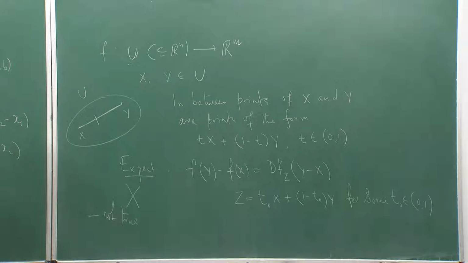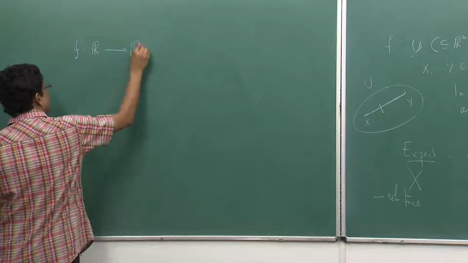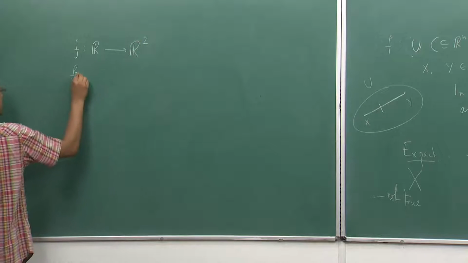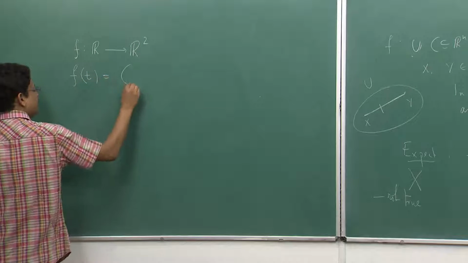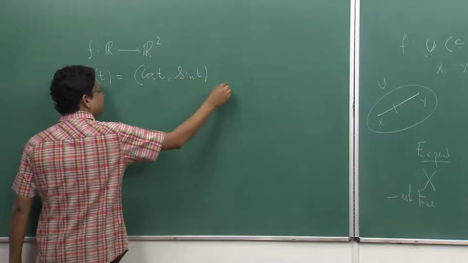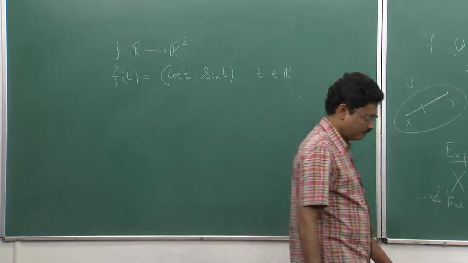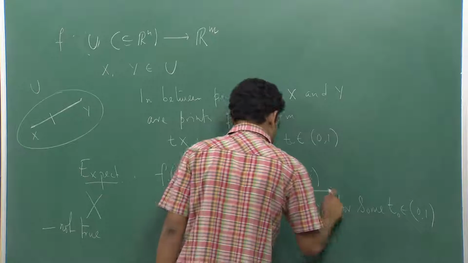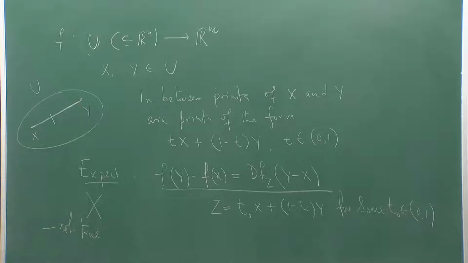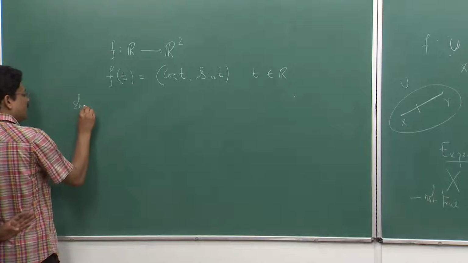Why? Let me show an example. Okay. I take f from the entire R to R2, and I take a very simple function, cos t, sin t, t in R. If such a statement is true, if what we expect is true, then what should we have?